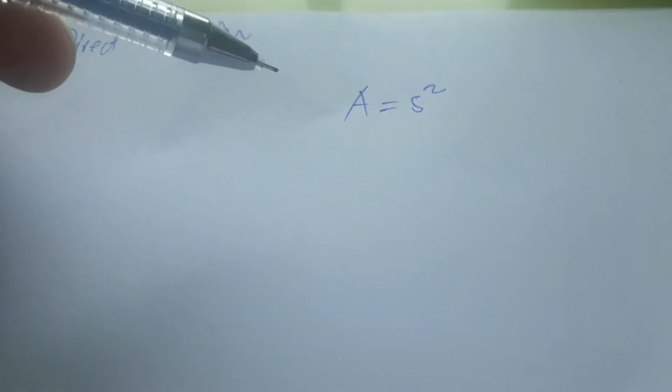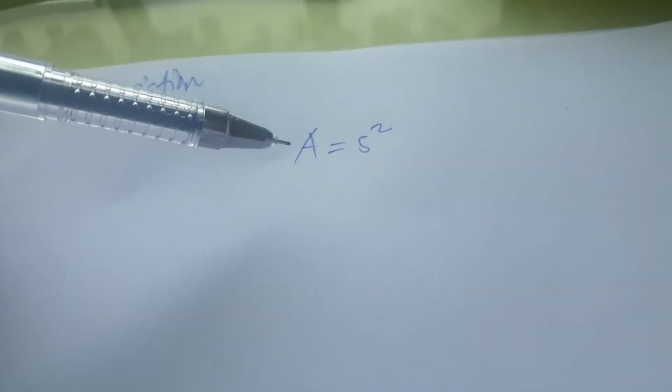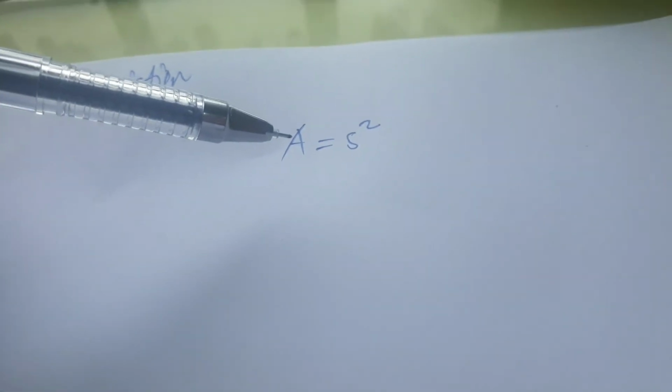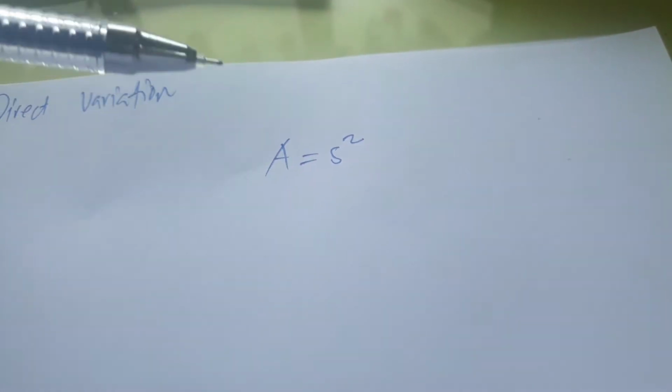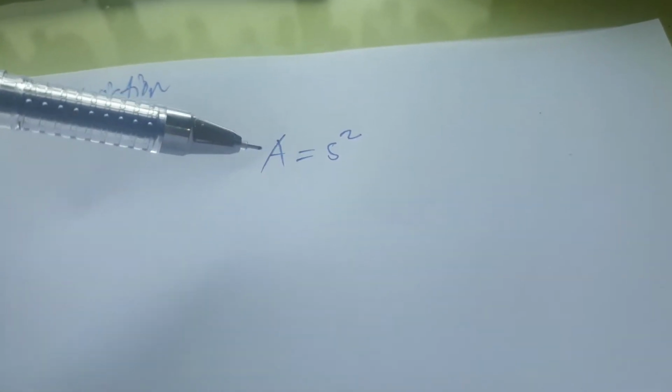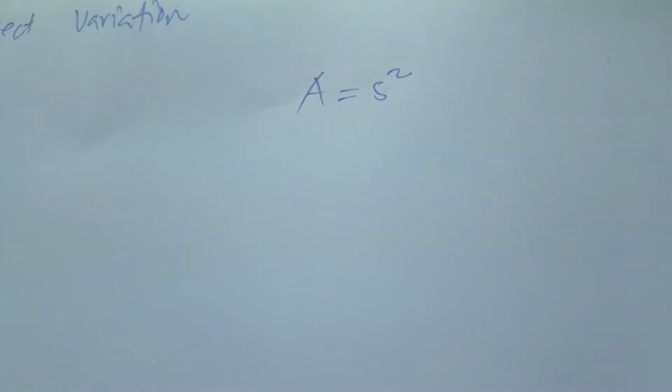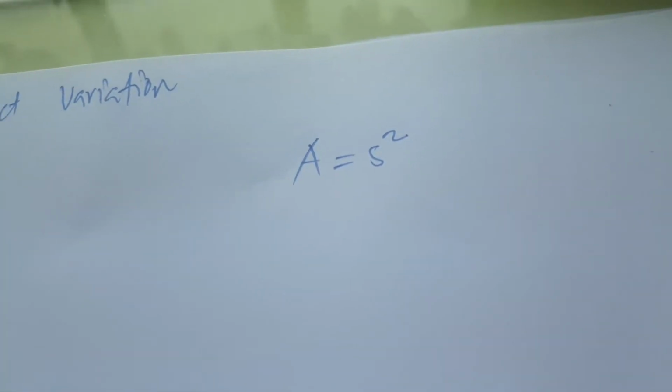So this is a common formula. The area, as we know, depends on whatever value we put to s. So s is related to area, and that is simply variation.